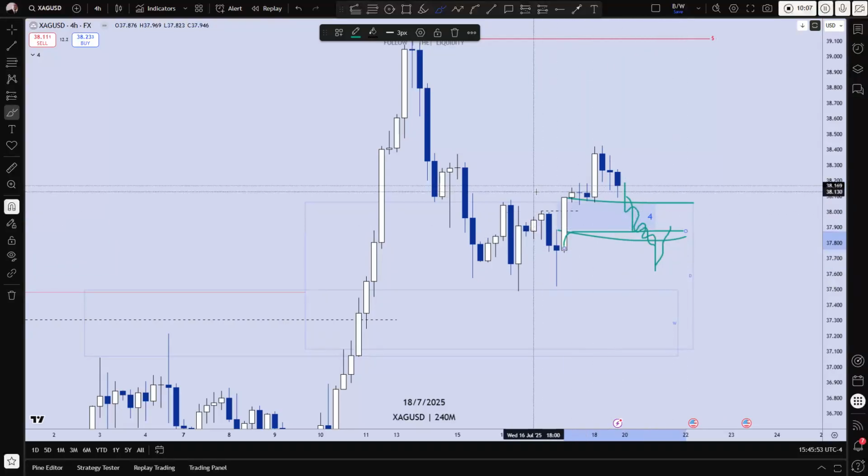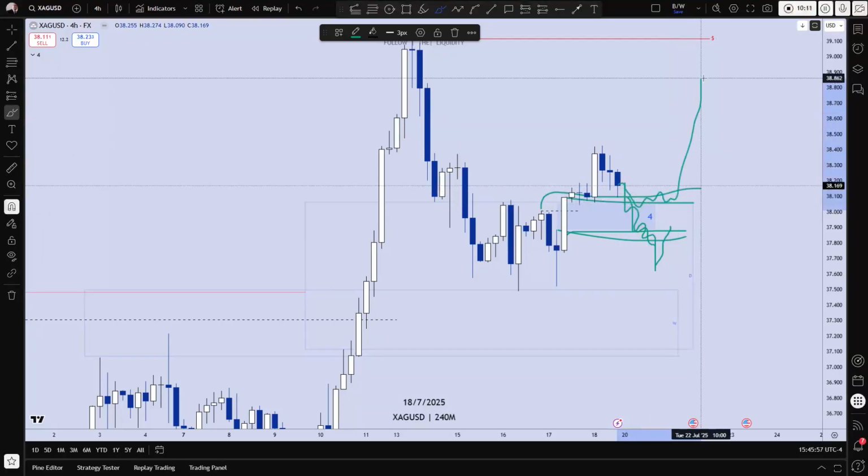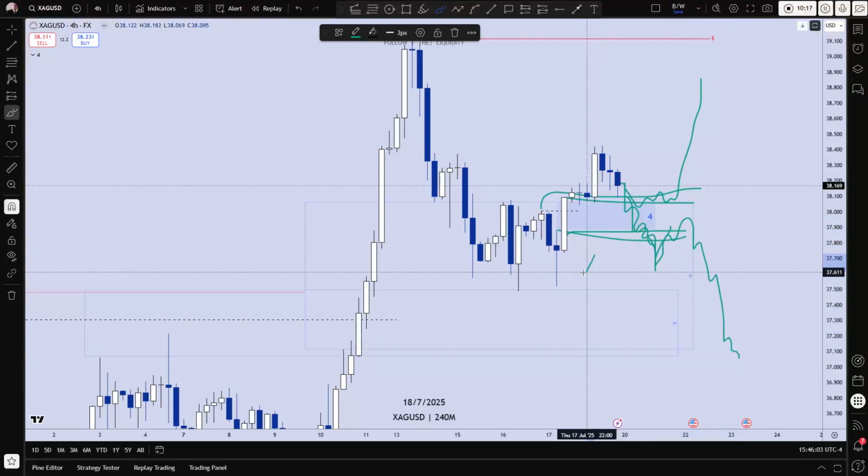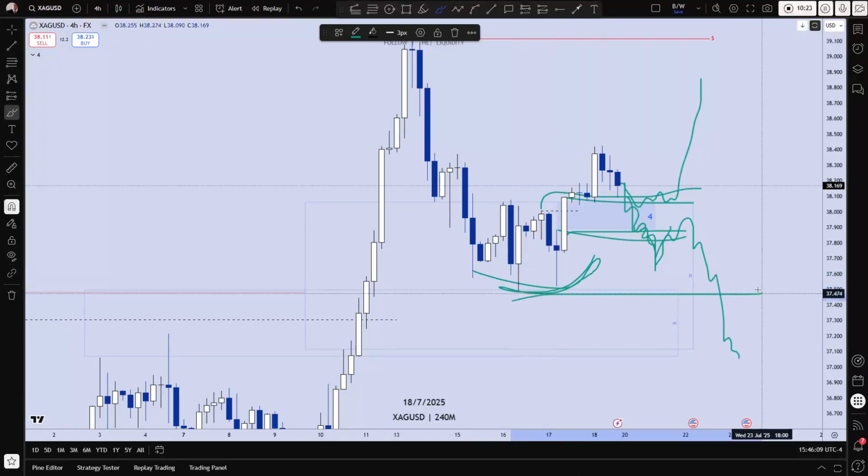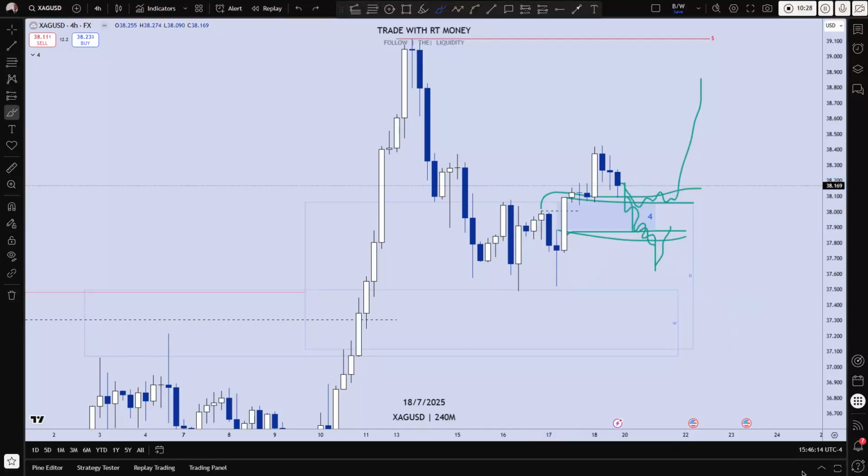All right. Instead of an area of support, it becomes an area of resistance for lower prices to take out these lows. Got it? So we're going to keep our eye on that 4-hour when the market opens going into Monday.